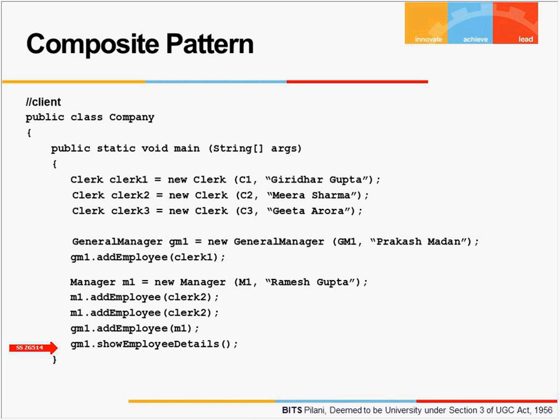You can even invoke clerk 2 dot show employee details, right? So the same interface can be used on composite objects as well as on the atomic objects. All the atomic objects are joined together to form the composite objects, but all of them can be accessed using the same interface.